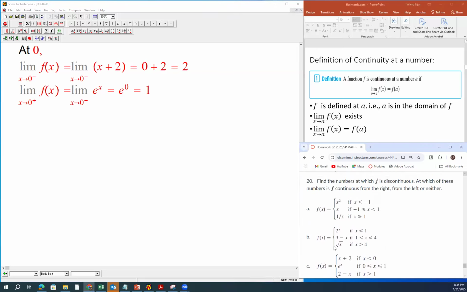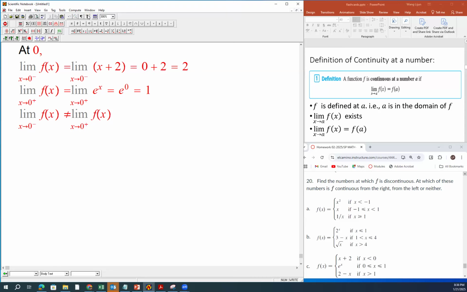So I'm going to write the whole question. We're doing C here. Okay, so first, you're going to say this limit from the left is not equal to the limit from the right, right?